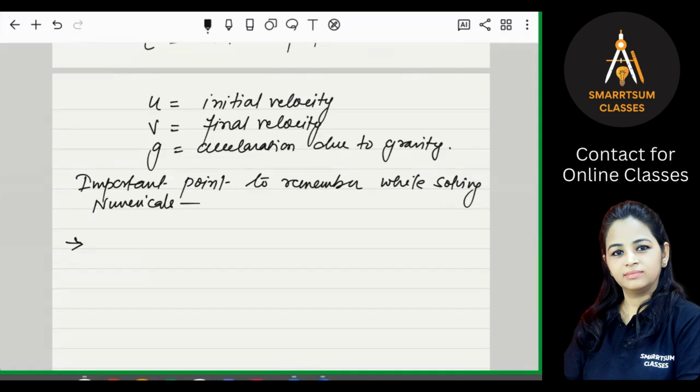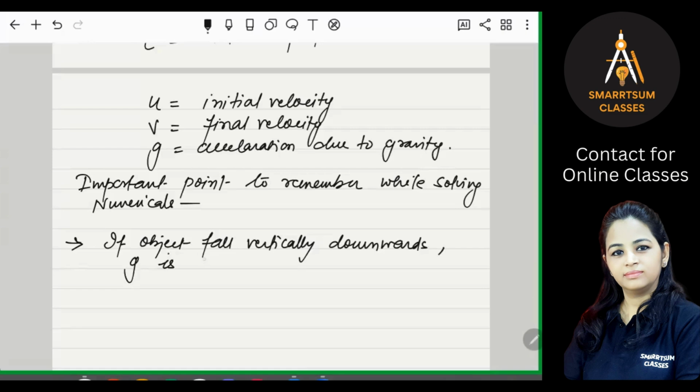Why? Because its velocity increases while falling. So g is taken as positive, because its velocity increases, so acceleration will be positive.